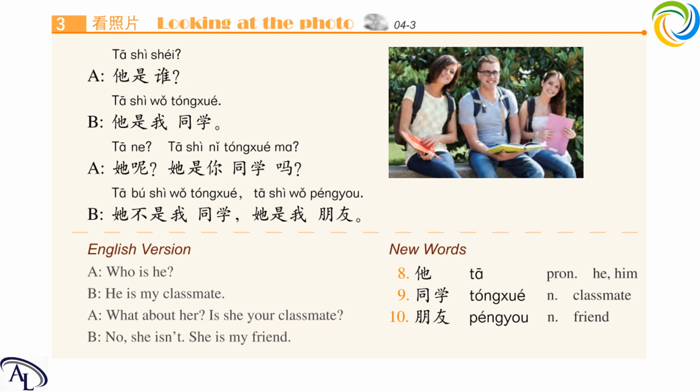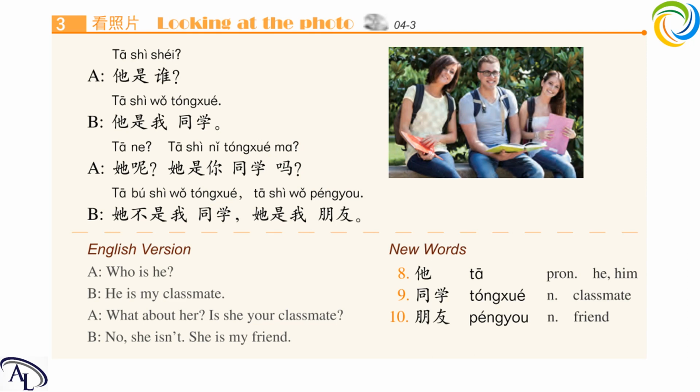So this sentence is 我们是同学. We are classmates. Okay. And how to say they are classmates. It is 他们是同学. Very good. Very good.